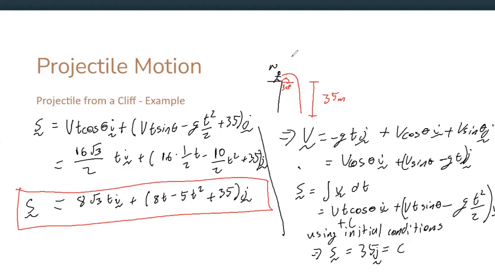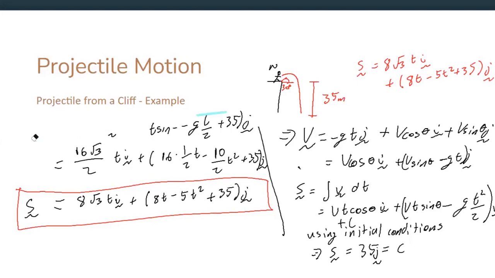All right, so now we are going to use this. So I'll just rewrite this up here. Equals 8 root 3 t i plus 8t minus 5t squared plus 35j. All right. Let's just erase all of this.